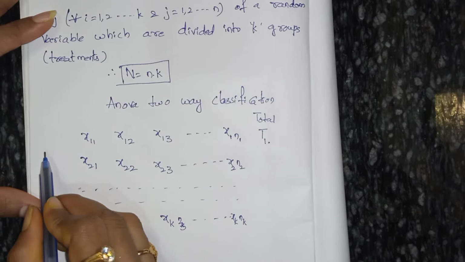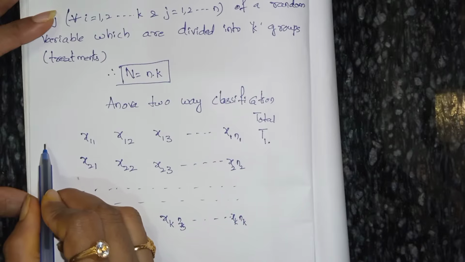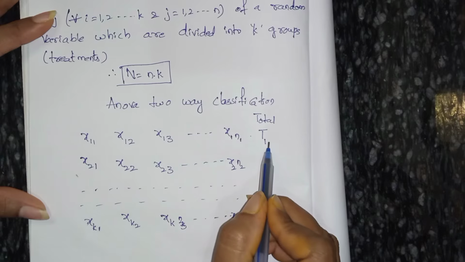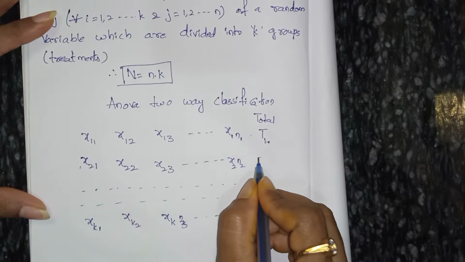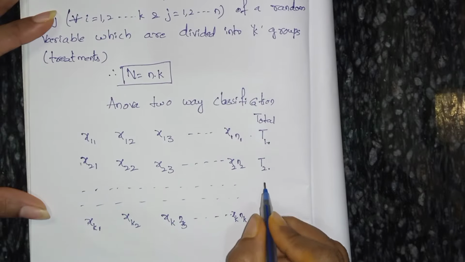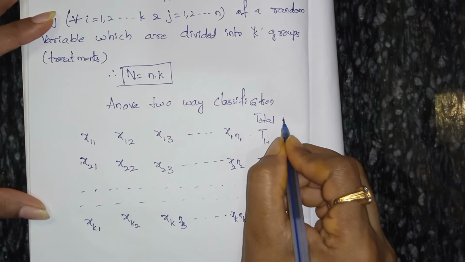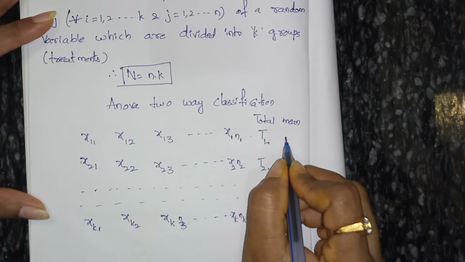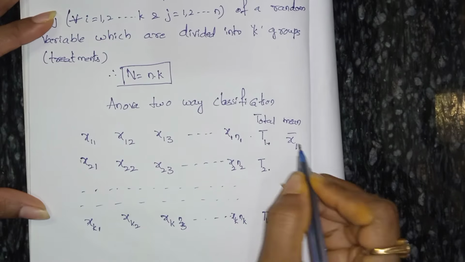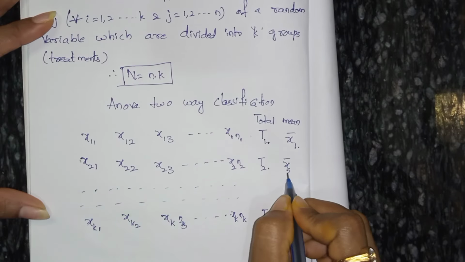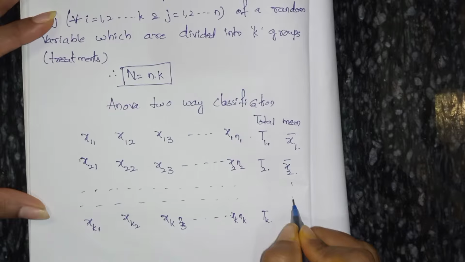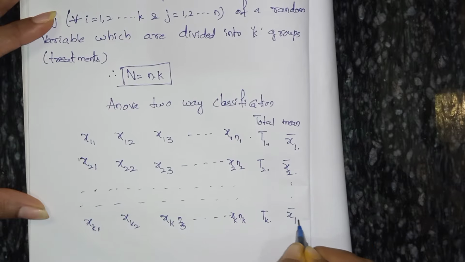The dot means we are going to make the total only row wise, column wise we are not going to do. That's why we kept a dot. Next, second one t2 dot and so on. Last one tk dot. And here the means: x bar 1 dot, x bar 2 dot and so on, x bar k dot.